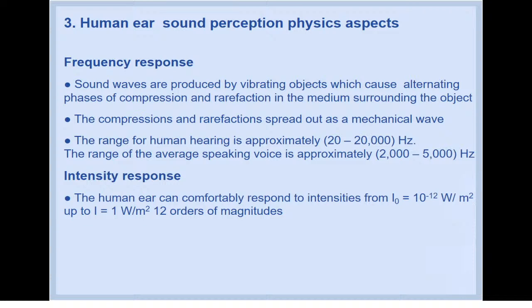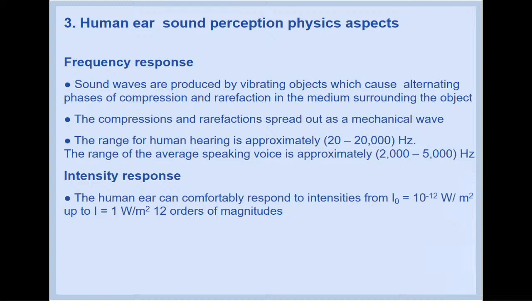So, sound waves are produced by vibrating objects which cause alternating phases of compression and rarefaction in the medium surrounding the object. The compressions and rarefactions spread out as a mechanical wave.